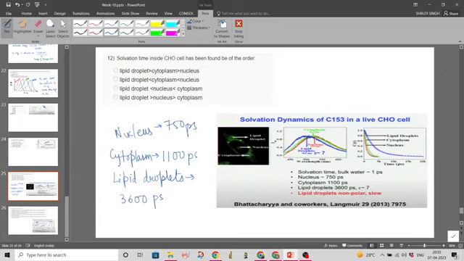So we can clearly see that lipid droplet has higher solvation time than the cytoplasm and then the nucleus. So to answer this question, the first one is the correct option.